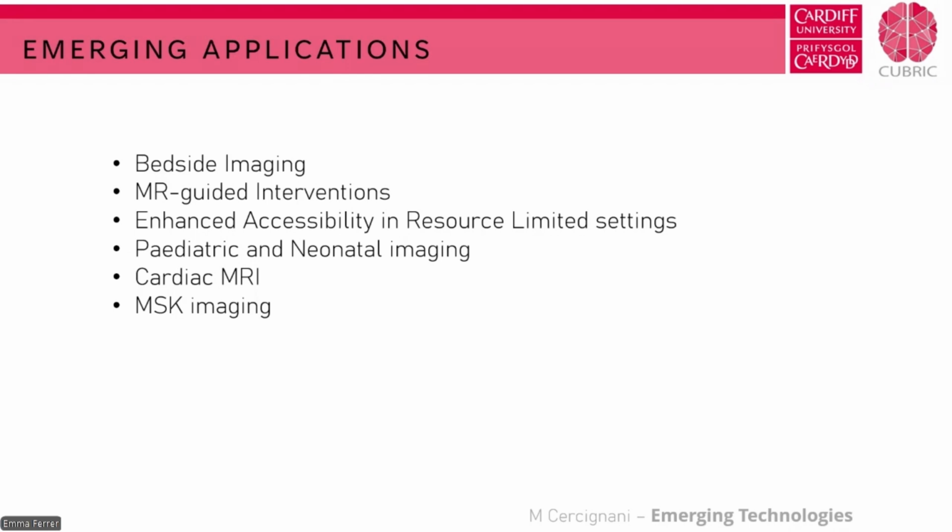These types of scanners might be better suited for populations such as pediatric and neonatal. And I've listed cardiac MRI there because it's one of the applications where the changes in contrast might actually be beneficial. And musculoskeletal imaging as well, because with the possibility of developing these extremity systems that are really portable and can effectively even replace X-rays for some applications.